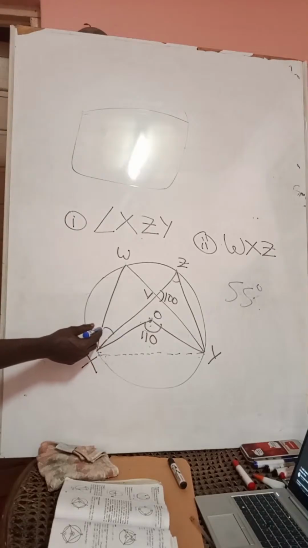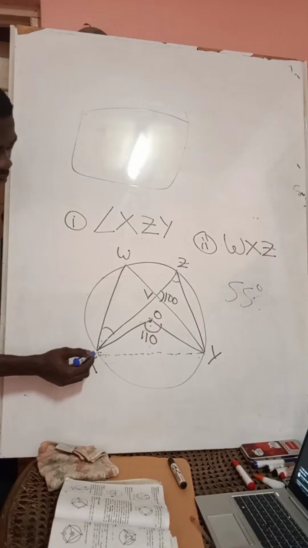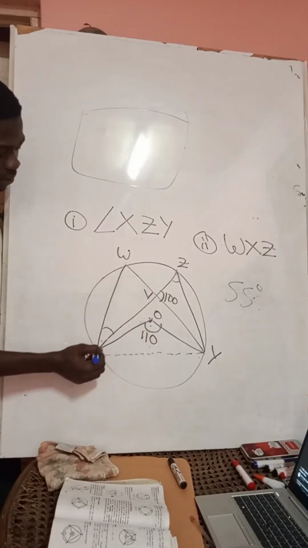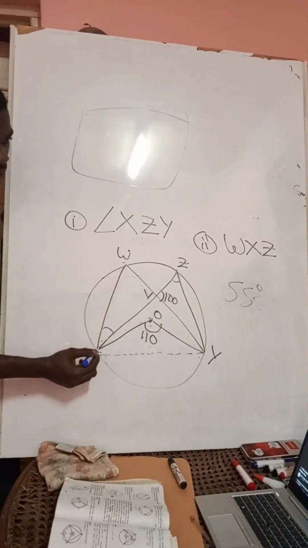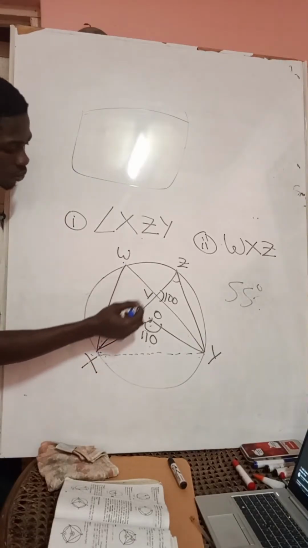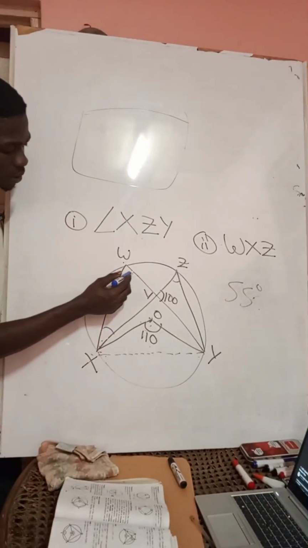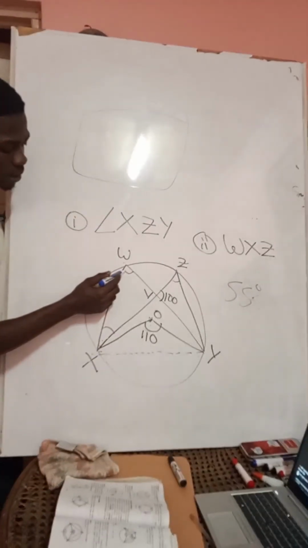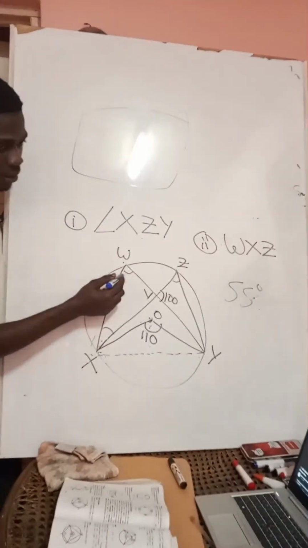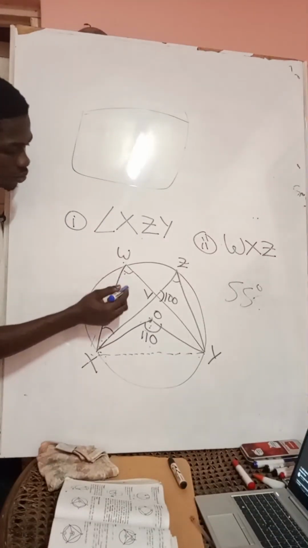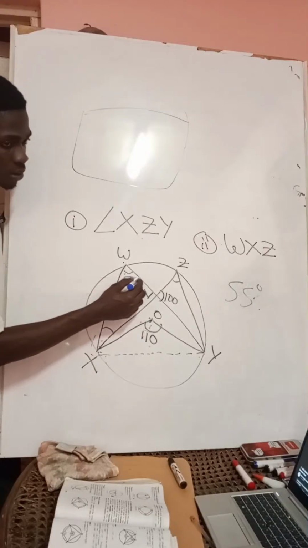For us to get this angle, you see this is a triangle from here to here, that is X being W or W being X. It's a triangle, right? So we know this one. The reason we know this is that half of this is a triangle, so half of this one will be here. Have you seen? So here was 55 degrees.